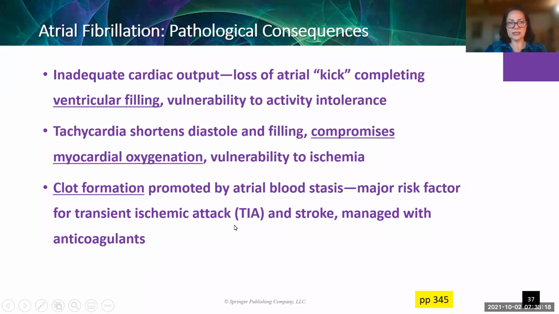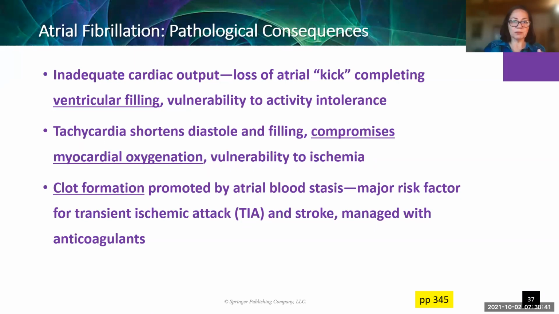So transient ischemic attacks can occur, and strokes can occur. So stroke is like a longer version of a transient ischemic attack. These clots are going from the atrium, through the ventricle, and then out.